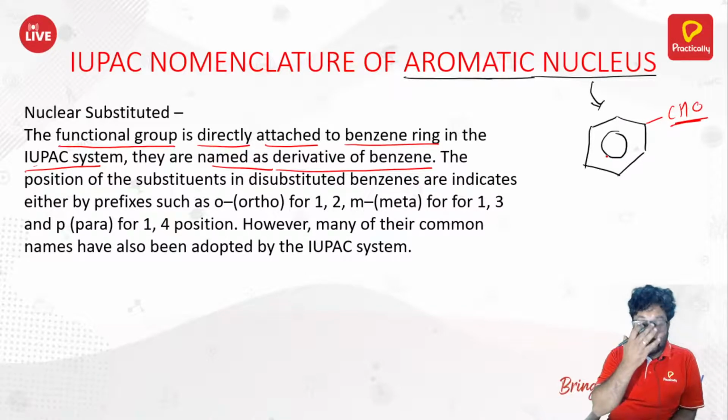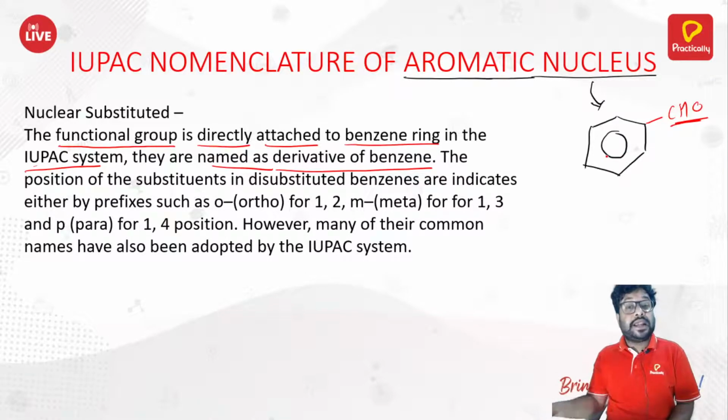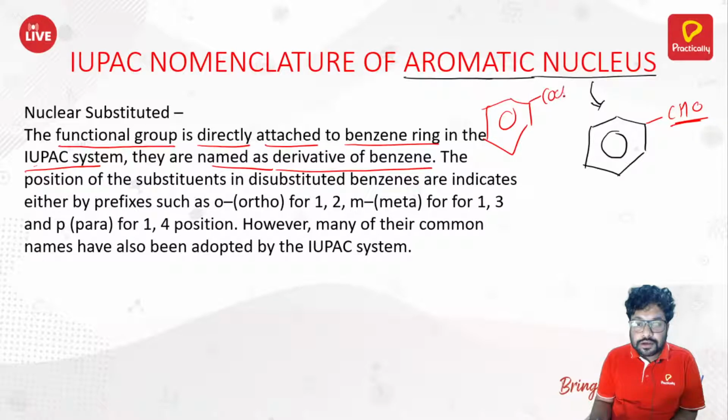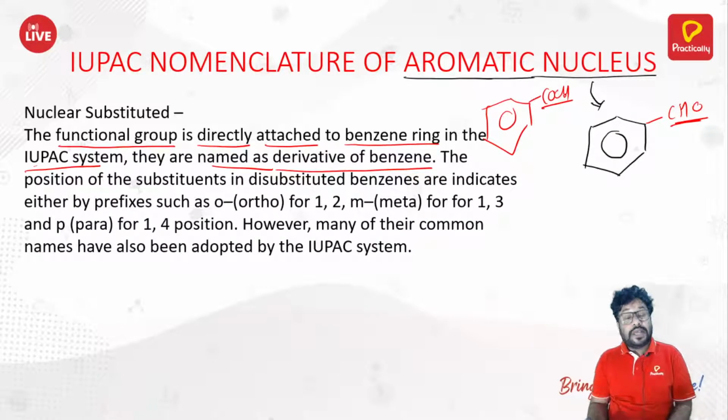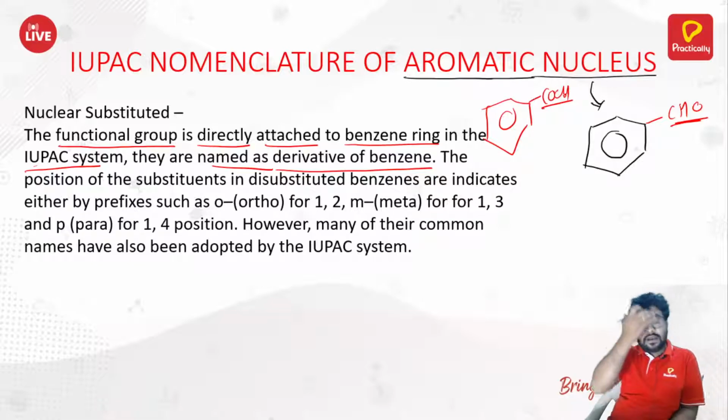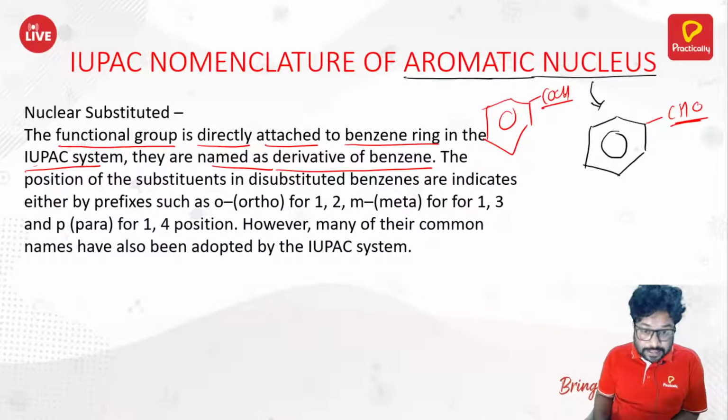So it will be called a derivative of benzene, benzaldehyde. If you have a benzene ring with COOH, what do we call that? Benzoic acid. So basically they will be treated as derivatives of benzene. That is when the functional group is directly attached to the benzene ring in the IUPAC system.